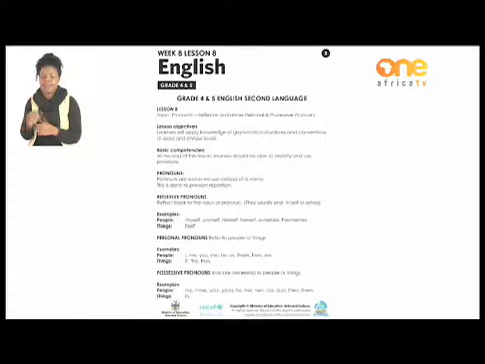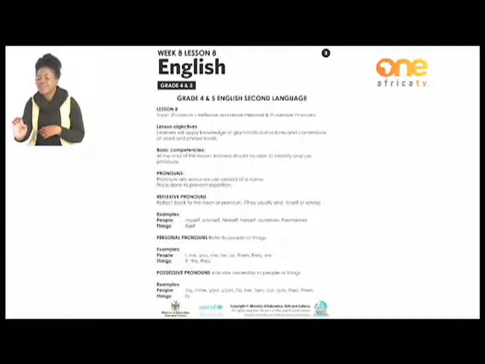Moving on to possessive pronouns. Chanel, can you still remember what a possessive pronoun is? A possessive pronoun shows ownership. It shows that something belongs to someone or something belongs to a thing.